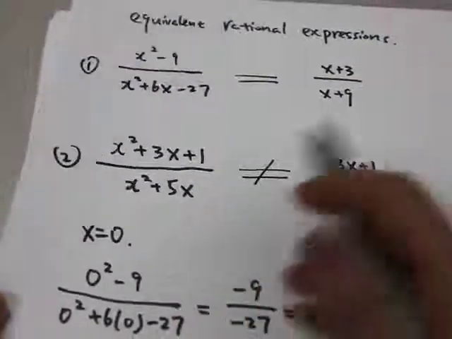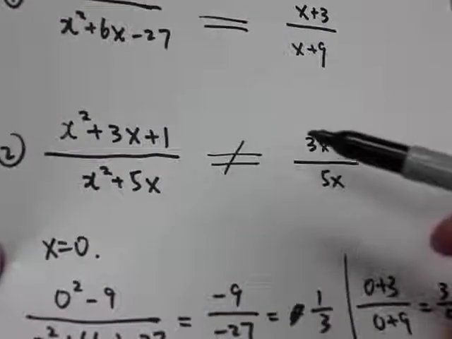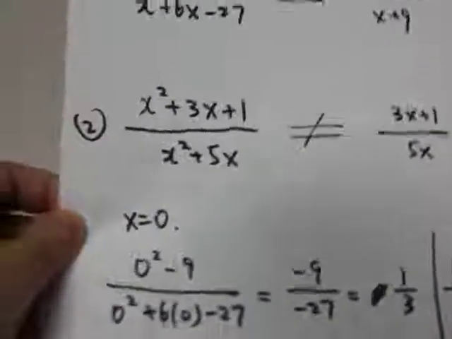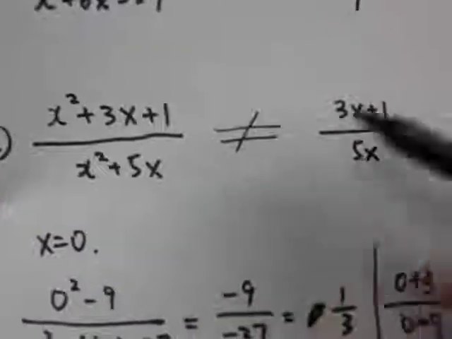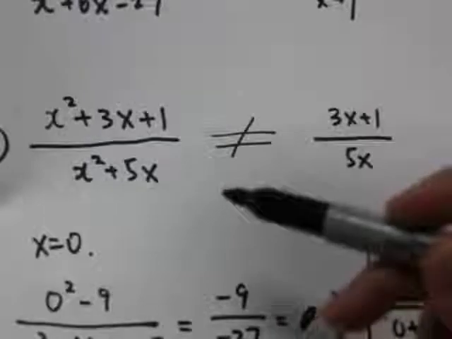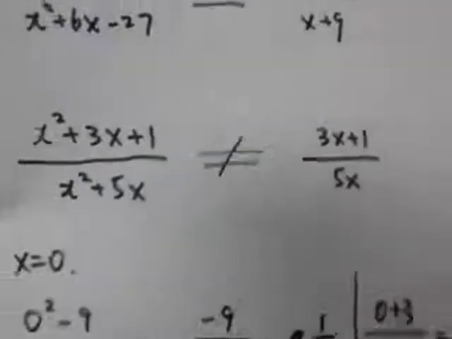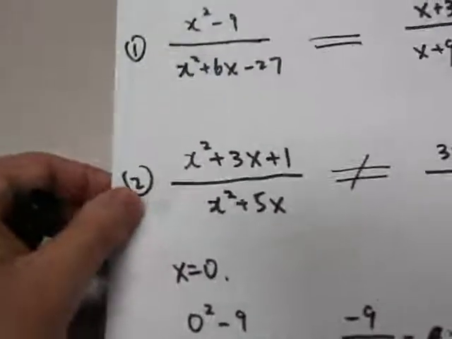And for these two, you see they are not equivalent. For example, if I pick 0, no, I cannot do 0 because this side will be undefined. Let's see, if I pick 1 and plug it into both expressions. So when x equals 1, on this side I will have 1 squared plus 3 plus 1 over 1 squared plus 5.